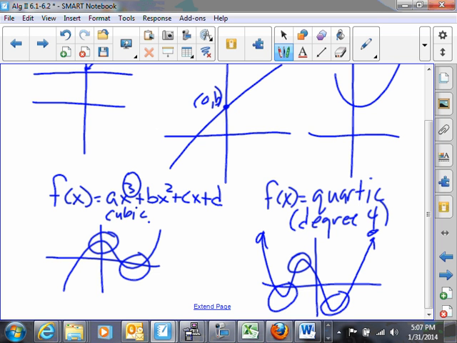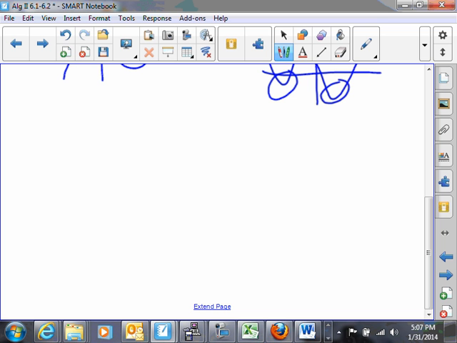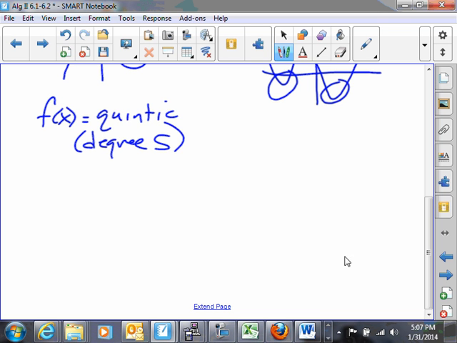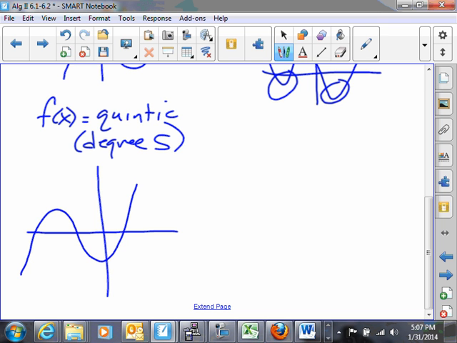Now in a quintic function, anybody care to guess how many turning points? If f of x is a quintic function, Q-U-I-N-T-I-C, that's degree 5, we're going to have 4 turning points. So we would maybe go up and then come down and go back up and come down again and up one more time.